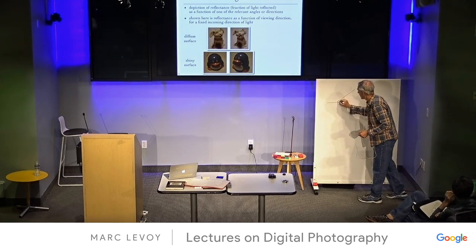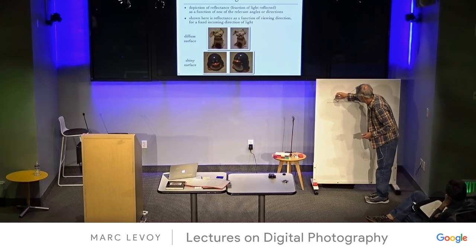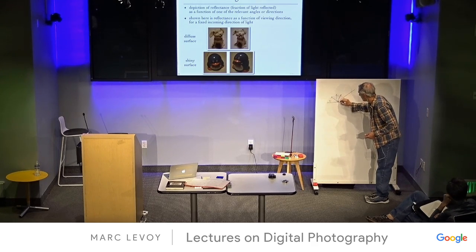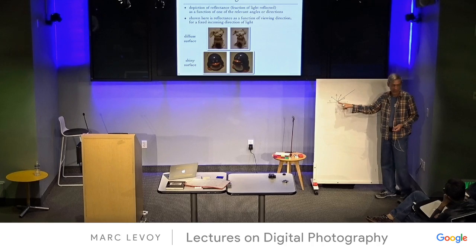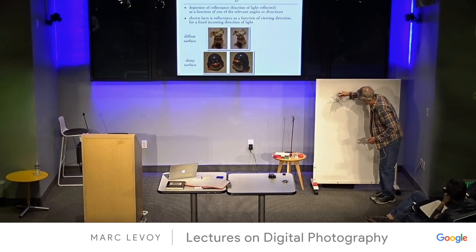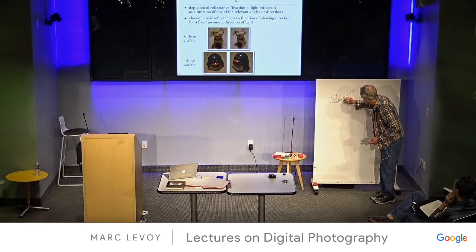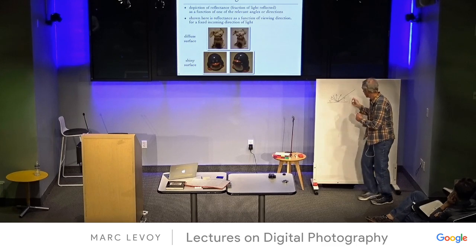There's light arriving from some direction. And now the question is, how much light is given off in each direction? So if it's a diffuse surface, the amount of light is the same. And we'll draw the amount of light leaving in each direction as the length of that vector. And so if it is a diffuse surface and all these vectors are the same length, then we can draw an envelope over that.